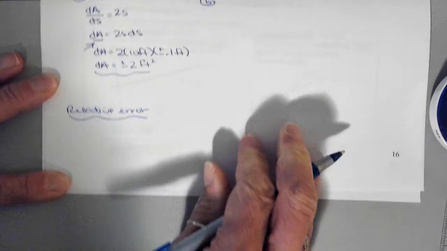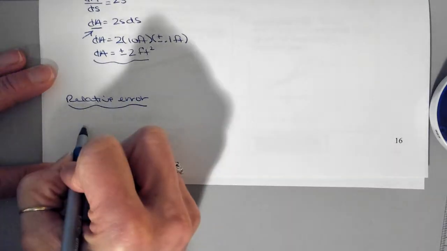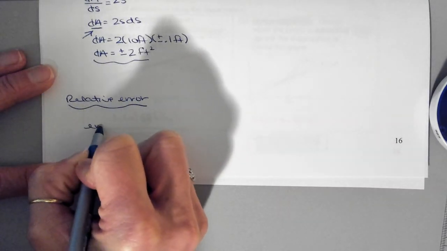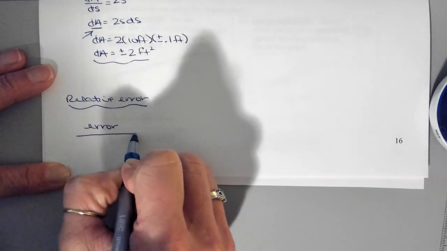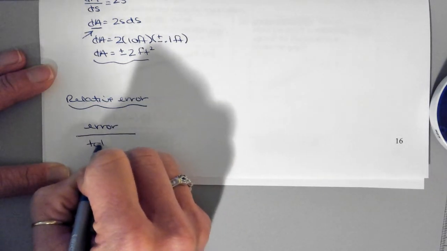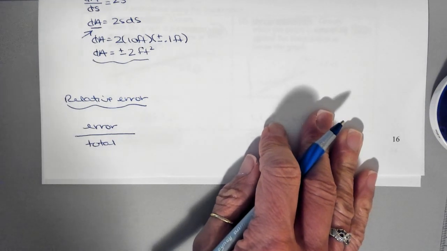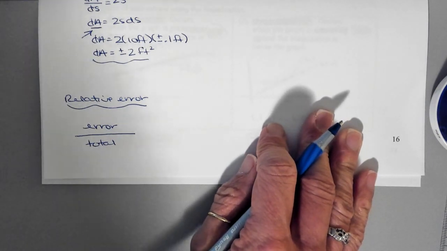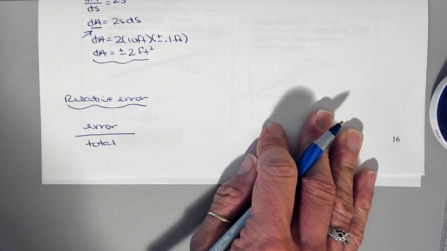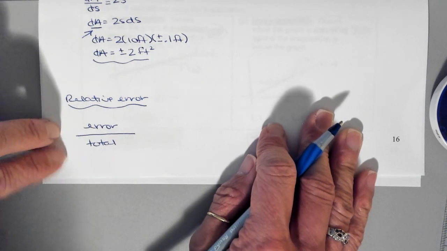Relative error for anything is any type of error, or basically the change in the side or the change in the area, like dA, ds, divided by the total. So I might be talking about the total area or the total circumference or the total length of the side. Does everyone understand what I'm saying? So this is how you would find relative error.